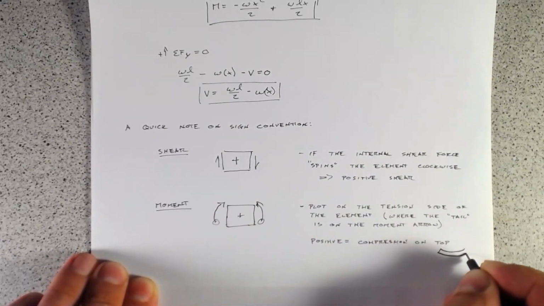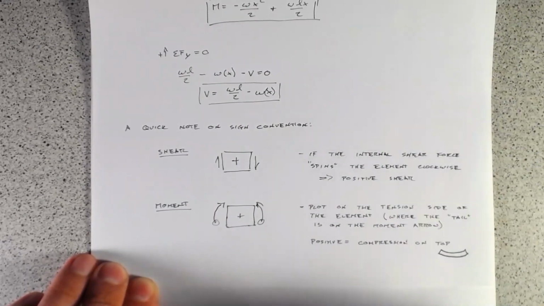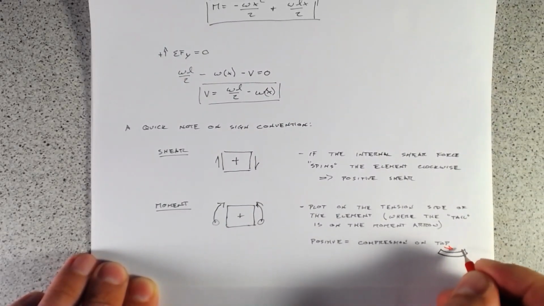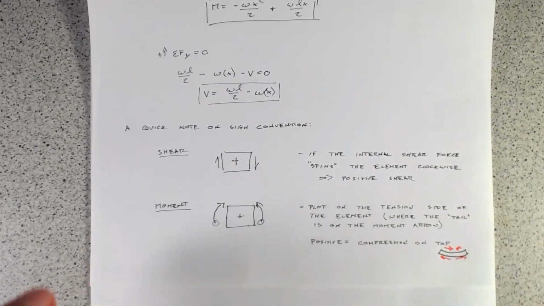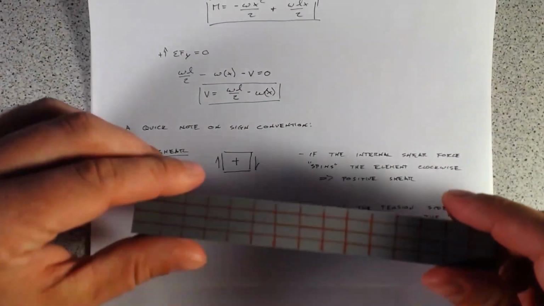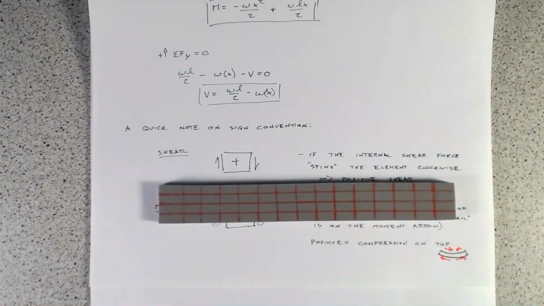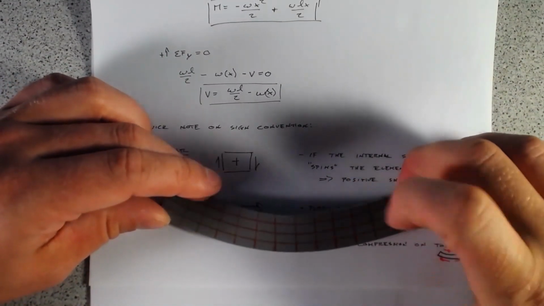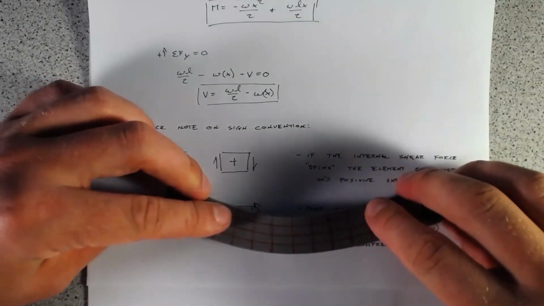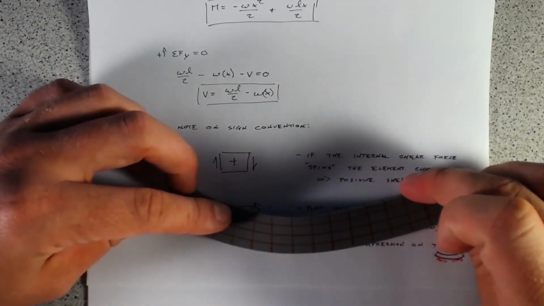It's a beam which is smiling, where bending the beam like this squishes the top, and it extends and pulls the bottom. So if I have my little foam beam here and I put it like this, the top is getting compressed, the bottom is getting stretched, and so this would be a positive moment.